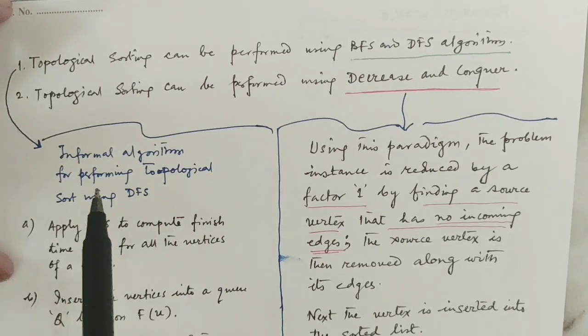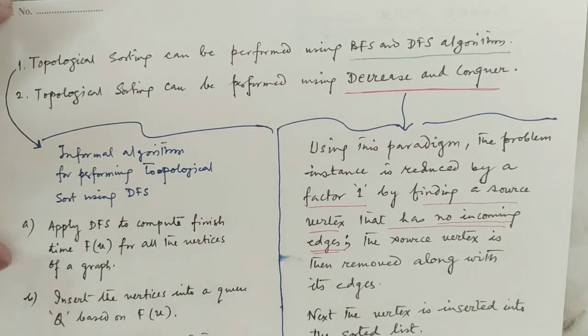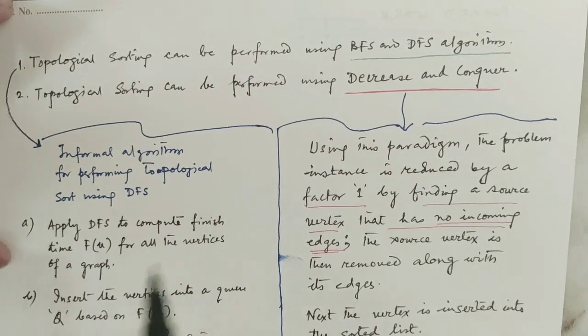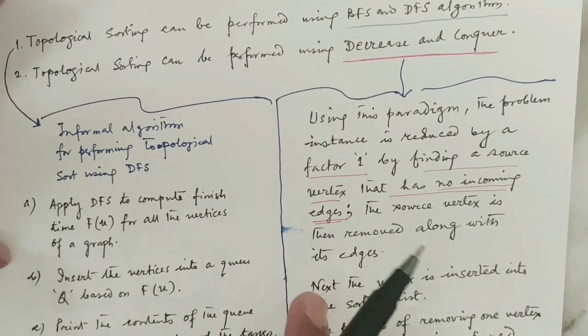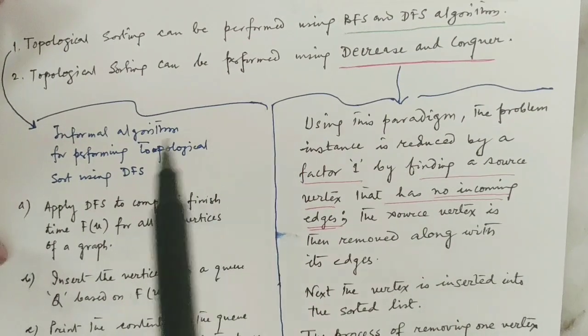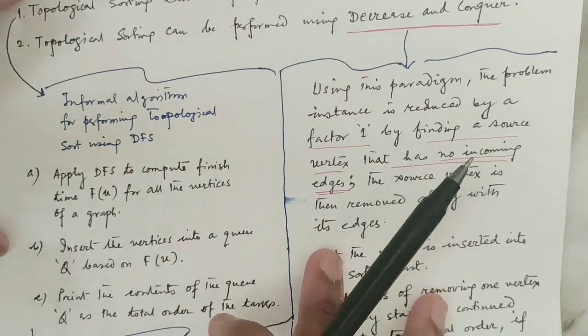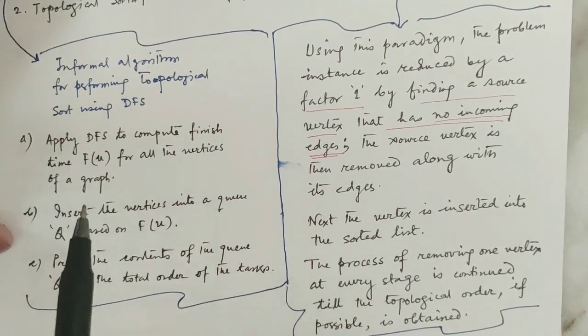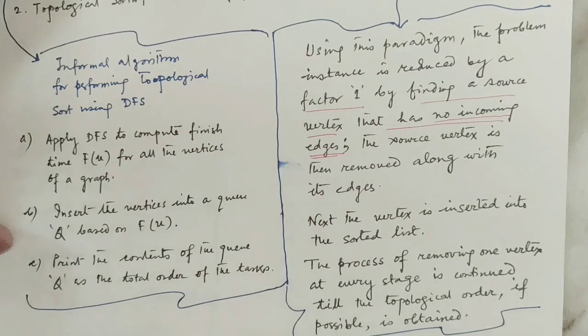So I have given here an informal stepwise algorithm representation for topological sorting using DFS, and definitely I will give some example of topological sorting using the decrease and conquer strategy, but for the readers, you should know what the contribution of DFS is for implementation of the topological sort.